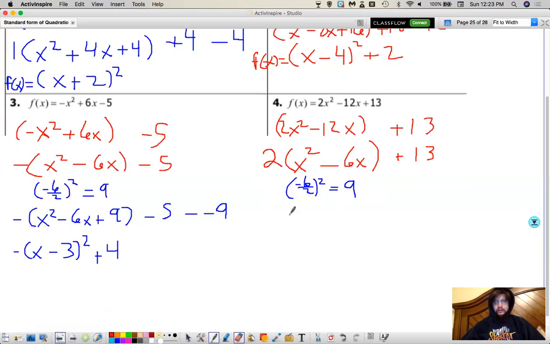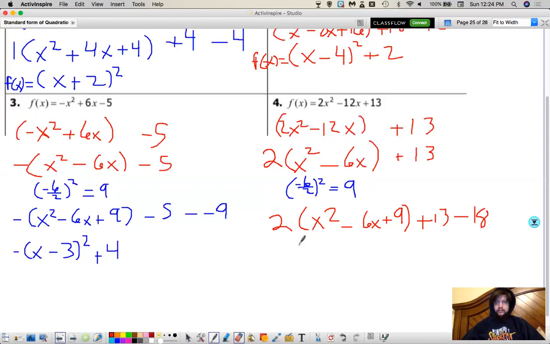So that's what our little c is. X squared minus 6x. Remember, add that on the inside. And then we're going to subtract a times our little c. That's 18 on the outside. 2 times 9 is 18.